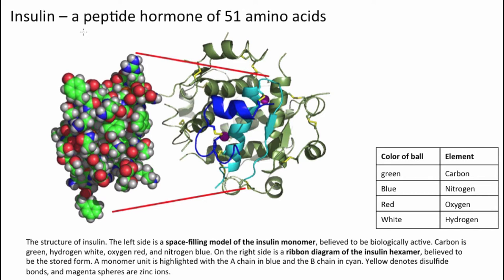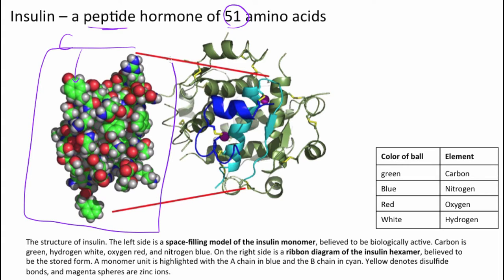This is insulin, a peptide hormone. It's only 51 amino acids. This is that weird one I showed you before where what is green is carbon, but otherwise everything is the same. And it turns out that this molecule, apparently, they tend to stick together. So in this case, this right here is an insulin monomer.